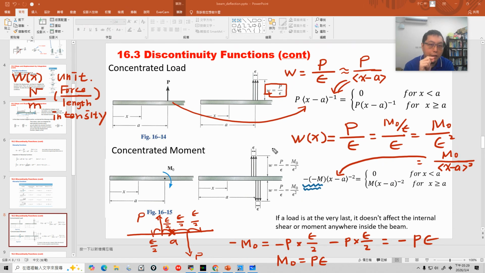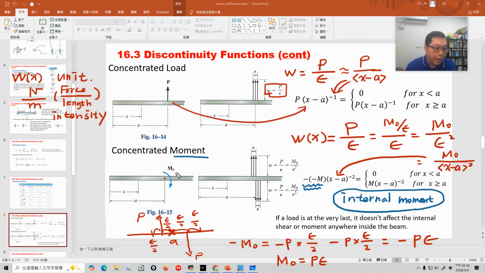Here is the same thing. The moment we want is the internal moment. The m0 here is the external moment.